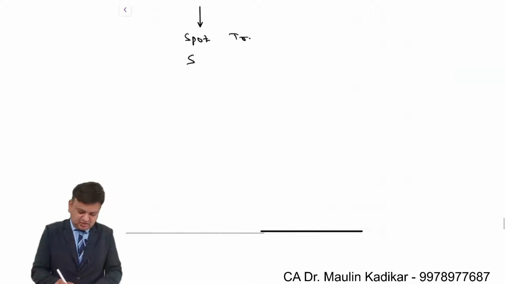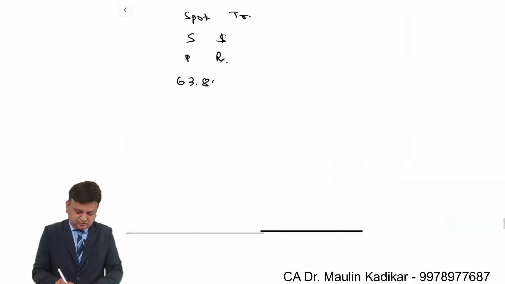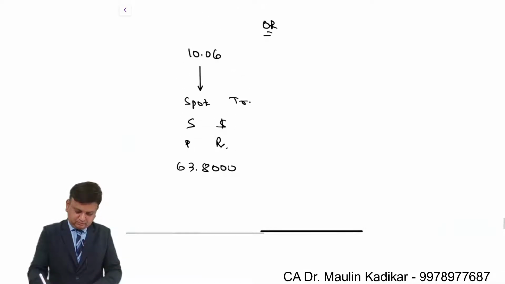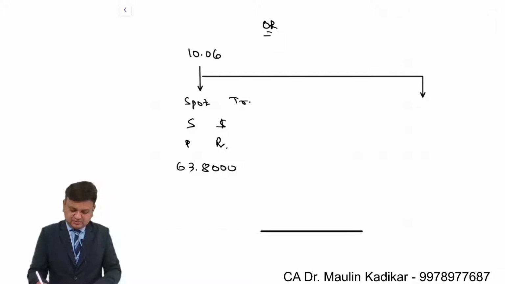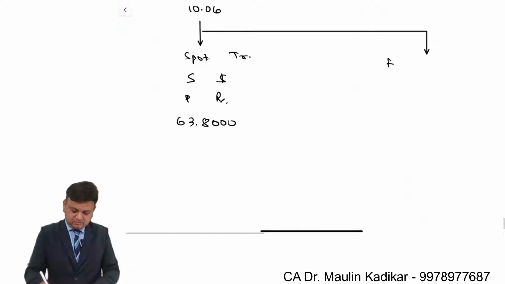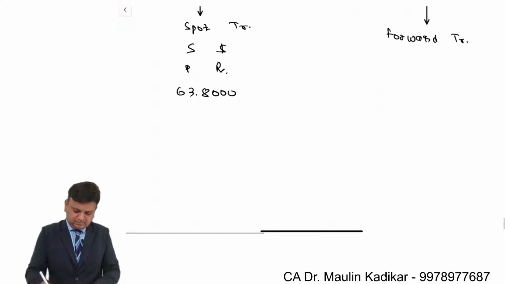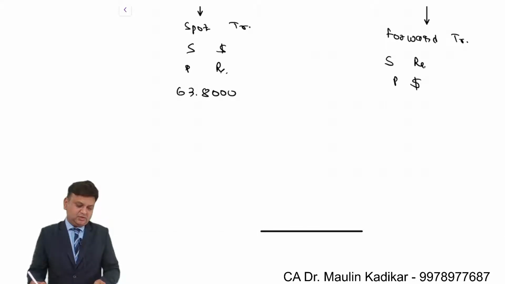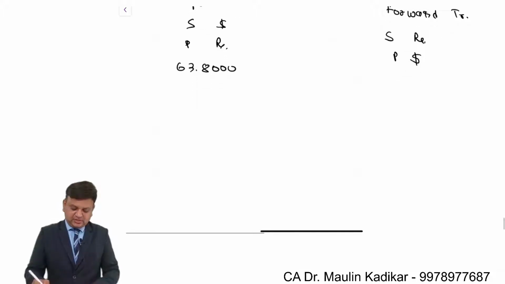So now it is sell dollar and purchase rupees. So 63.80, and the forward transaction, it is sell of rupees and purchase of dollar, and the forward transaction is 63.95.